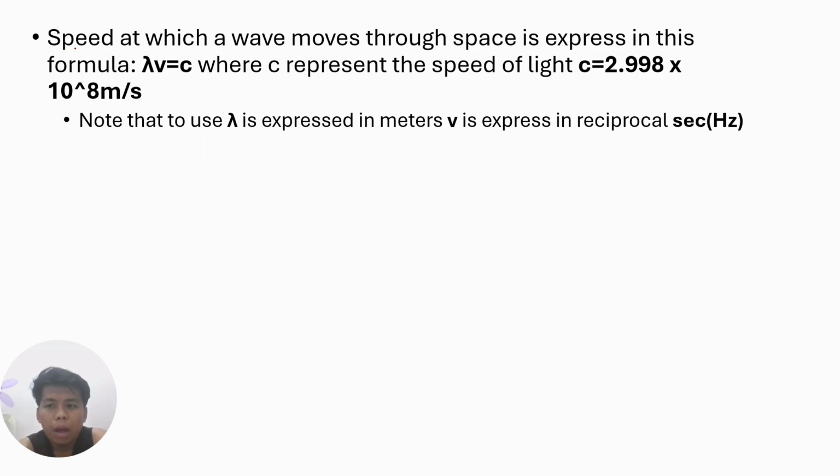Okay, a little disclaimer right here. I'm using Masterton and Hurley, Chemistry: Principles and Reactions, as the reference book. So the speed of light may vary in different books. Some books would express this as 3 times 10 raised to the power of 8 meters per second.